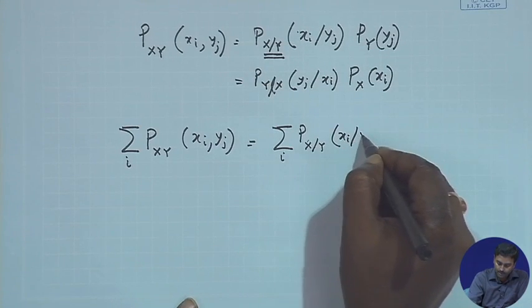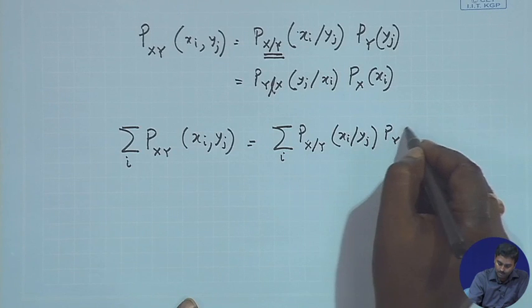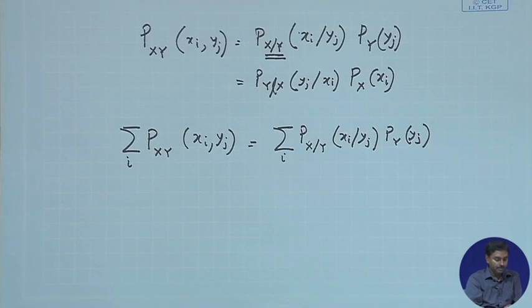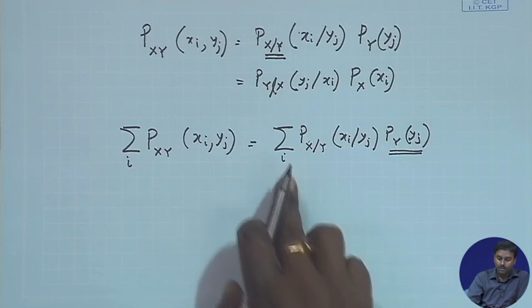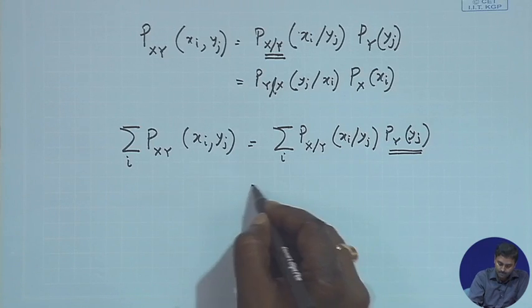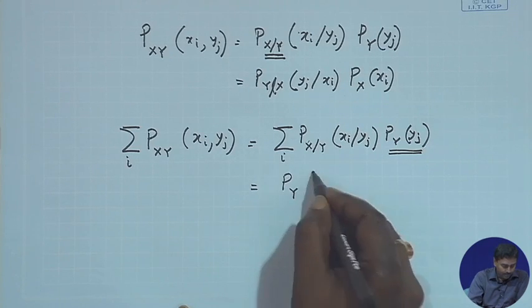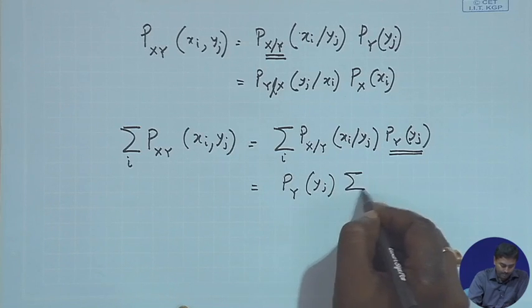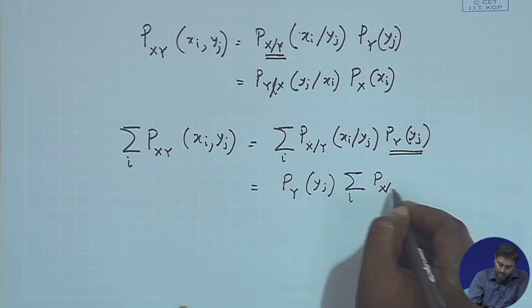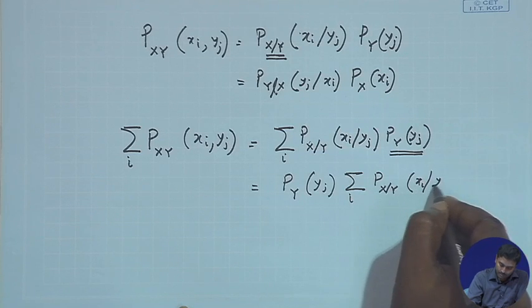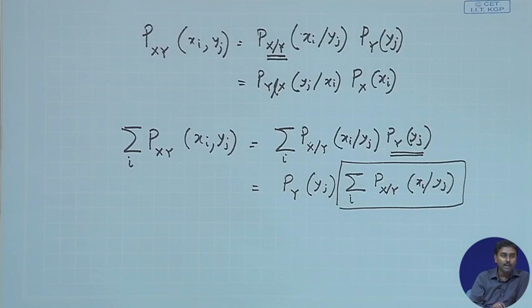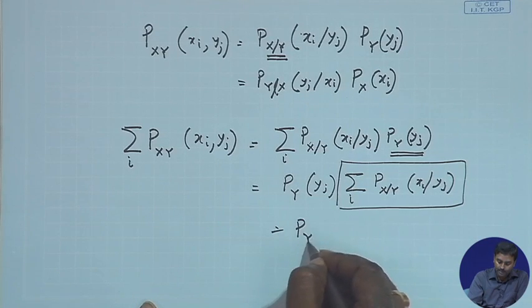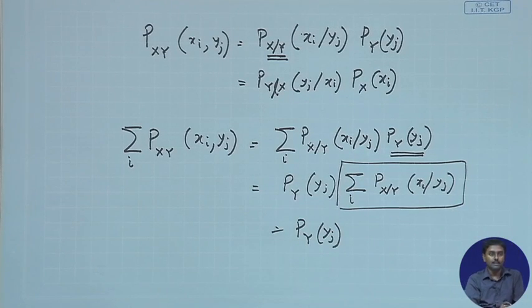So, p(x_i given y_j) p_y(y_j), I can write it this way. Okay. Now, this particular part does not depend on i, so I can take that out. So, I can take this p_y(y_j) out, summation over i of p(x_i given y_j), right. Now, this we have already proven should be 1, we have just now proven that. Okay. So, if this is 1, this must be p_y(y_j).